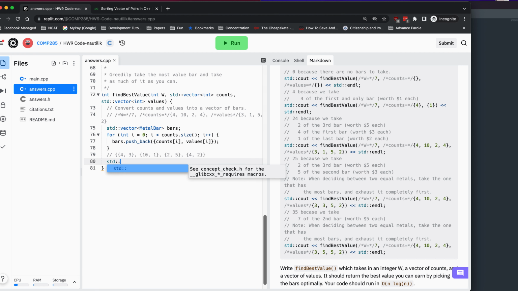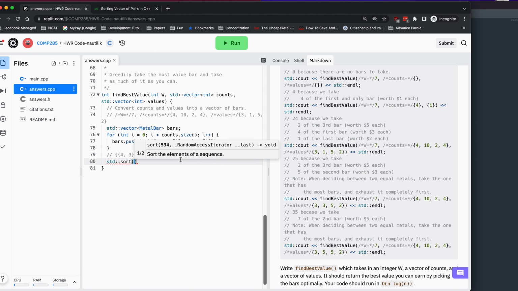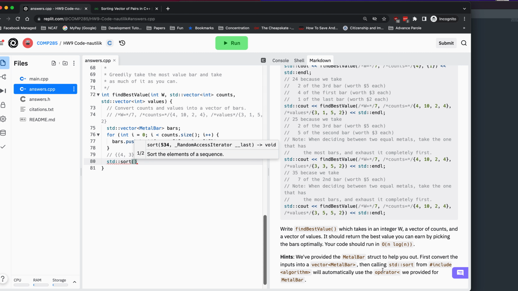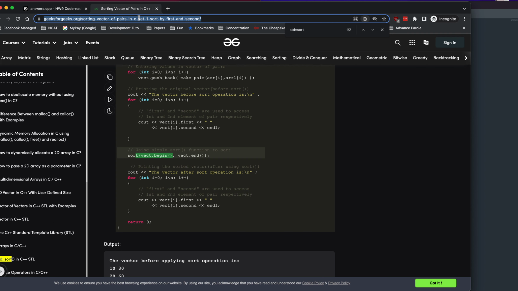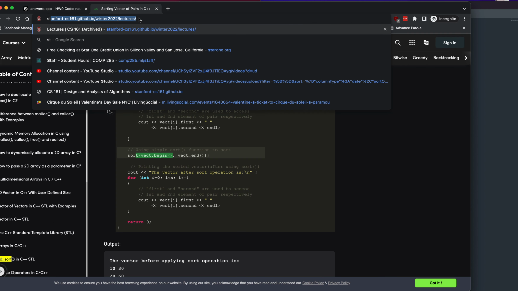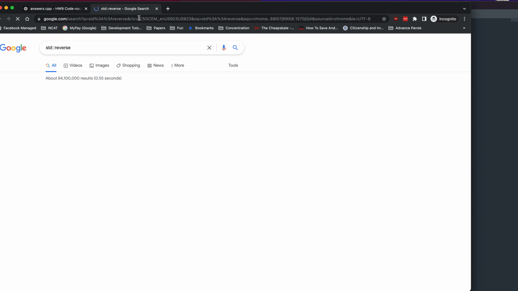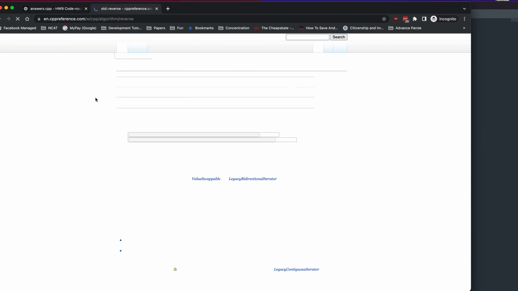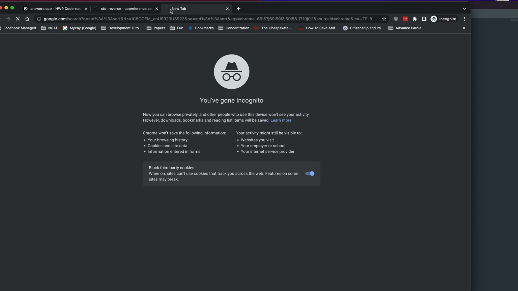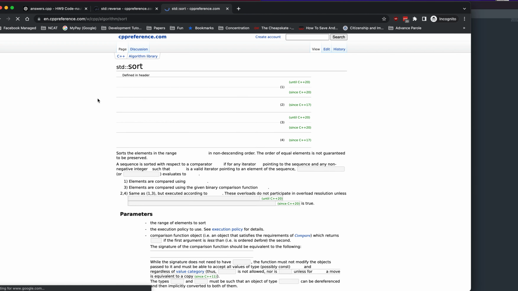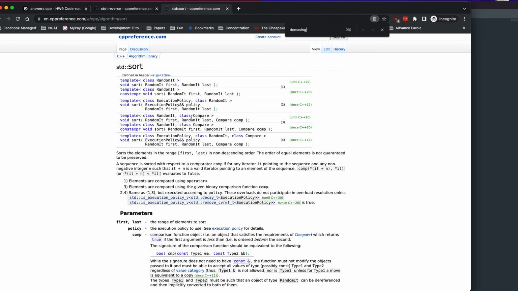And then what we want to do is sort these by value in decreasing order. So the difference here is we do actually want to do it in decreasing order. So it might be helpful for you to search standard reverse. It's another useful function. I believe standard sort also might support sorting in decreasing order.